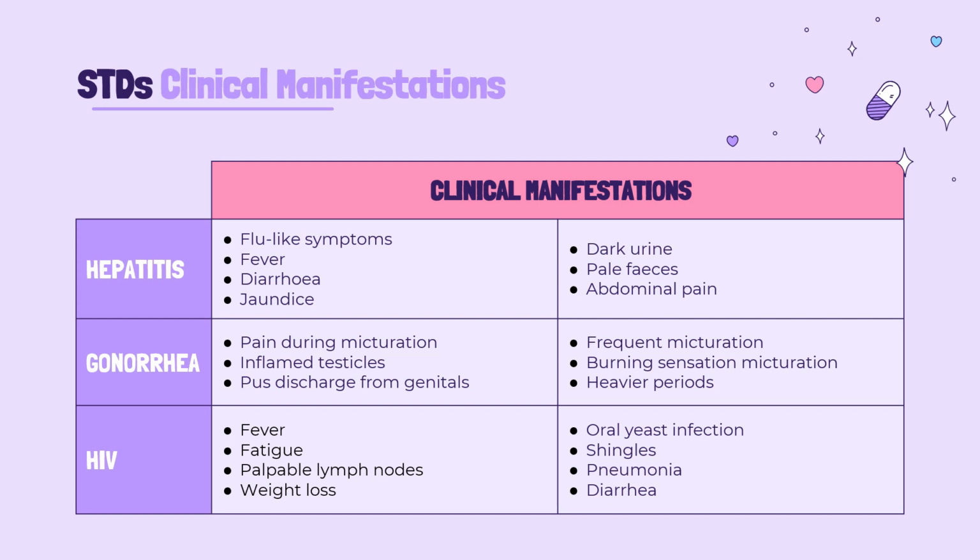For HIV, patients tend to have fever, fatigue, palpable lymph nodes, weight loss, and also secondary oral yeast infection, shingles, pneumonia, and diarrhea.